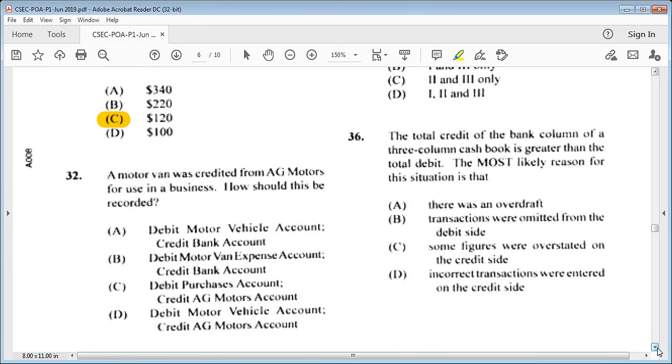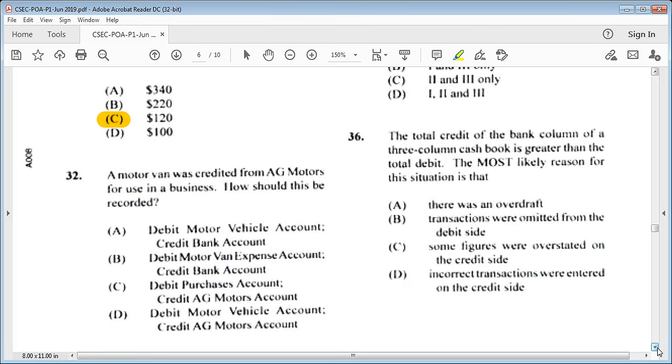32. A motor van was credited from AG Motors for use in a business. How should this be recorded? A, debit motor vehicle account, credit bank account. B, debit motor van expense account, credit bank account. C, debit purchases account, credit AG Motors account. D, debit motor vehicle account and credit AG Motors account.